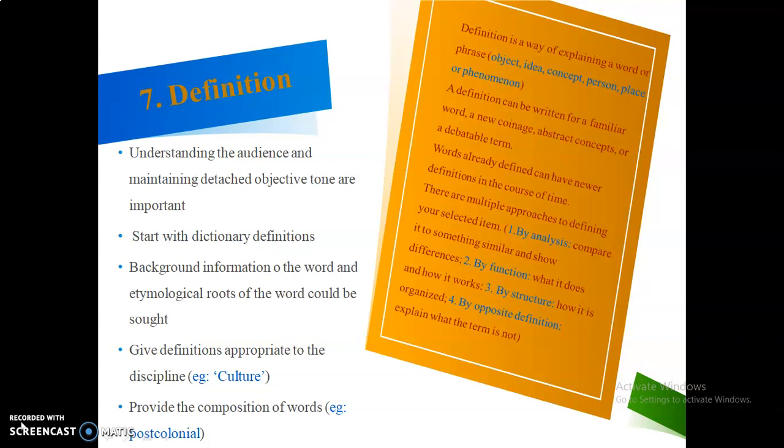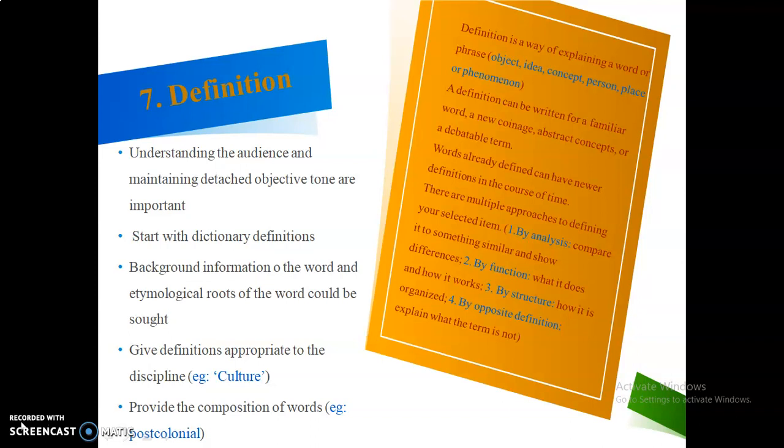Another method is by structure, how it is organized, what the structural features of the object you are defining are. And the last one, by opposite definition, explain what the term is not. That's somewhat philosophical as well. For example, what is man? It's someone who is not a woman, like that, the opposite of something.